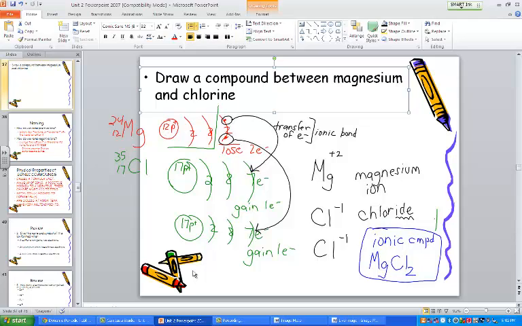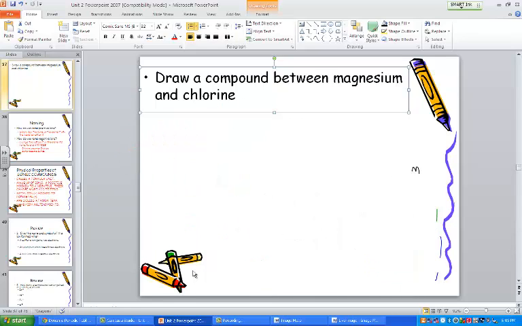Chemical formulas tell us how many of each element there are in a compound. 1 ion of magnesium neutralized by 2 ions of chloride. The compound called magnesium chloride. The heart of chemistry, moving electrons around to achieve a noble gas arrangement.